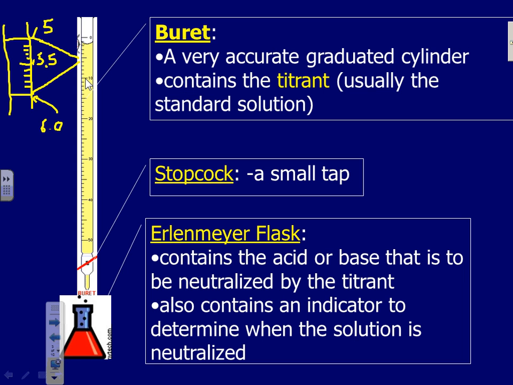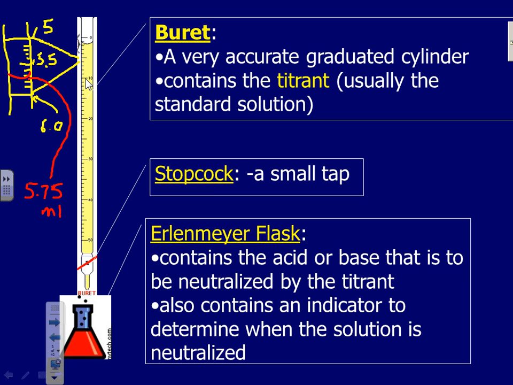If the bottom of the meniscus, when we measure, ends up halfway between a mark, like in here, all right, halfway between, that'd be 5.5, 5.6, 5.7. Halfway between 5.7 would be 5.75 milliliters.